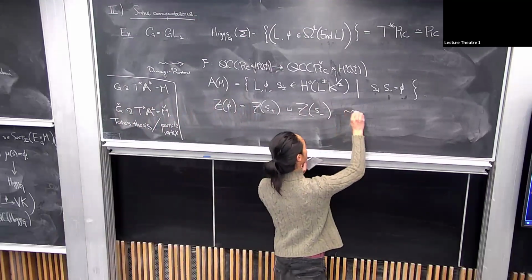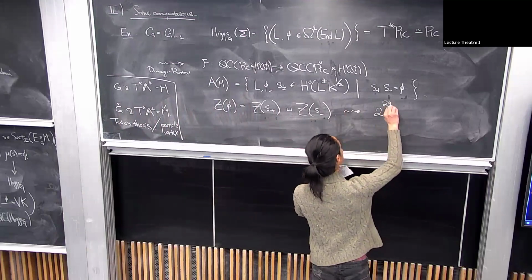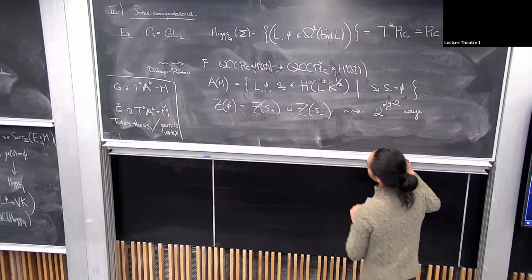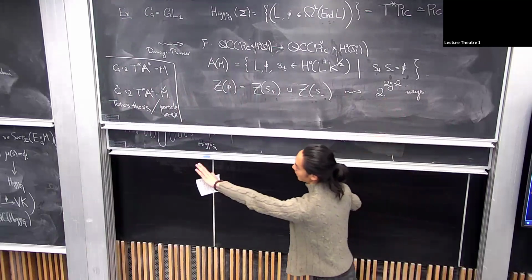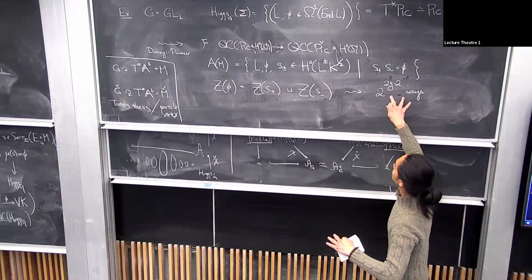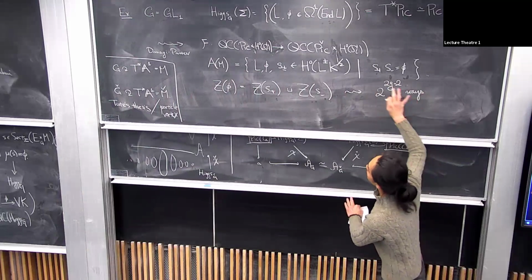Well, it's just to split it into two pieces. It's 2 to the 2g minus 2. So this is the heuristic justification for A of M when you map it to Higgs. Fiber-wise, it's just 2 to the 2g minus 2 points. So I have this many points on A.